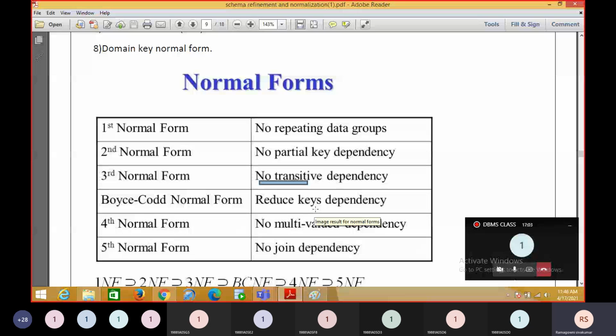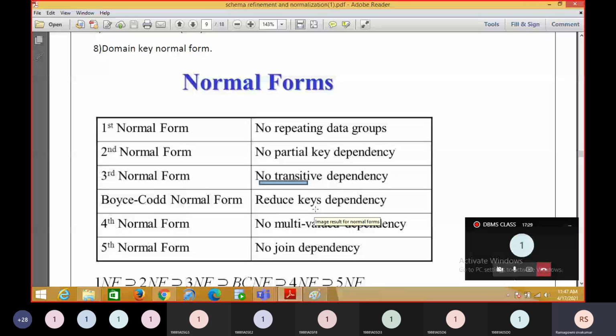Super key means a group of single or multiple keys used to identify a particular row uniquely. That is called a super key.